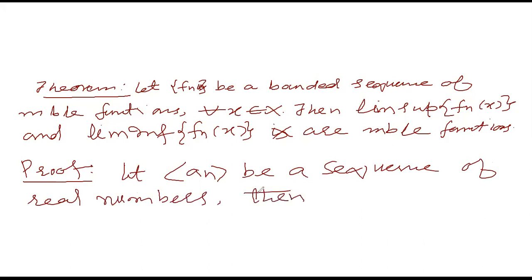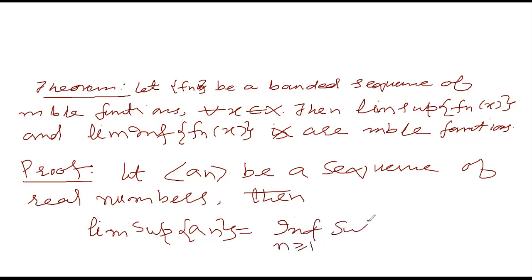Then the limit superior is defined by: limit superior of this sequence a_n is equal to the infimum over n greater or equal to 1 of the supremum over k greater or equal to n of a_k.